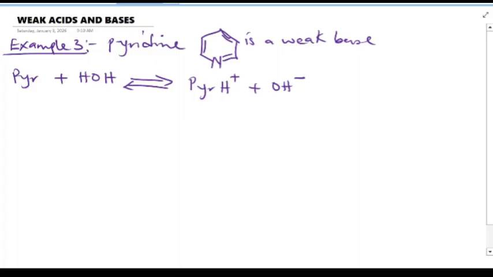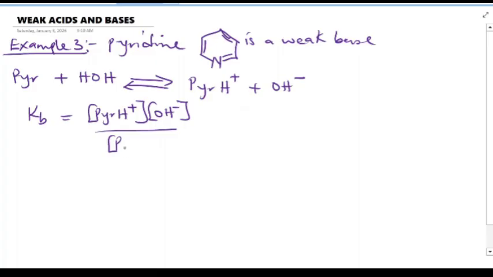So if we are to write the equilibrium constant here, your Kb is equal to the concentration of pyridine H plus and OH minus, divided by the concentration of pyridine. And that gives a constant of 1.7 times 10 raised to power minus 9.